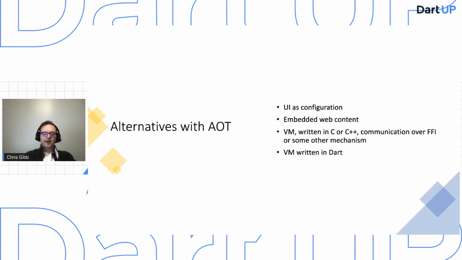UI as configuration, embedded web content, a virtual machine written in C or C++ or some other language that communicates with our Dart AOT code through FFI or platform channels or some other method, as well as VMs written in Dart.